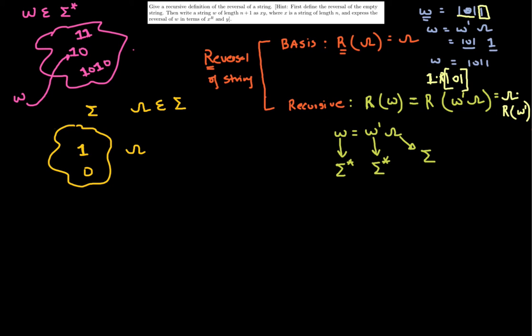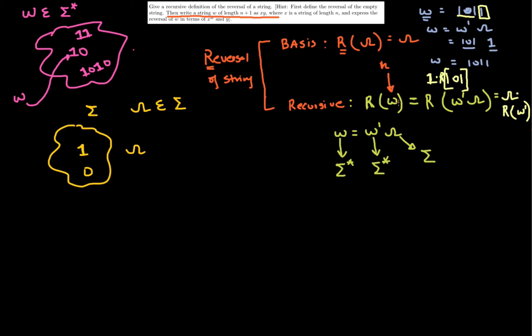And again, with recursion, the key here is that when I call recursion again, you call recursion on a smaller problem size. So if this w happens to be of length n, this is where I'm using the property that was given to you as a hint.